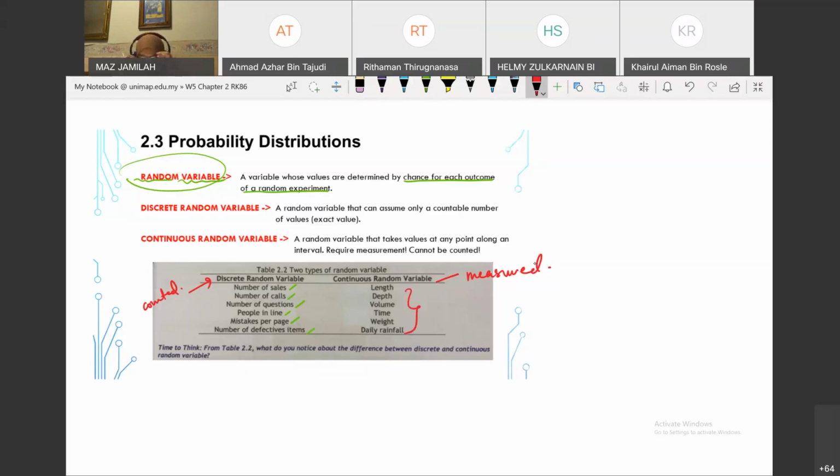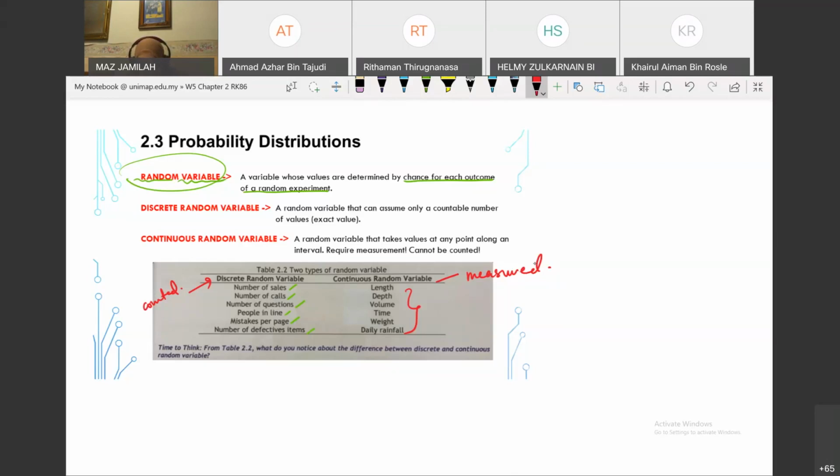Okay, now let's say I give you a question. The number of books, is it continuous or discrete? Class, discrete.